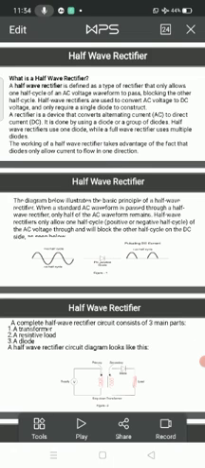In whichever half cycle, positive or negative, the diode acts as forward biased, that half cycle is converted from AC to DC. In the half cycle in which the diode acts as reverse biased, that half cycle is blocked by the PN junction diode, because the diode allows current in only one direction, that is, when the diode acts in forward bias condition.